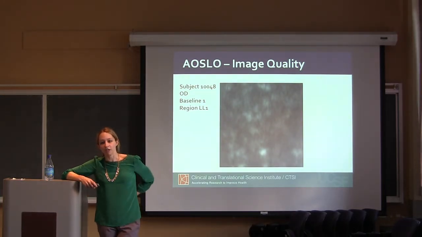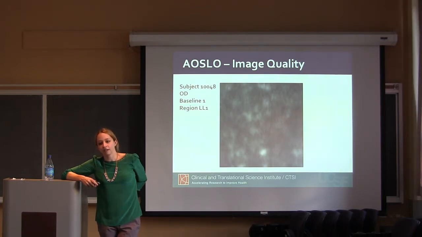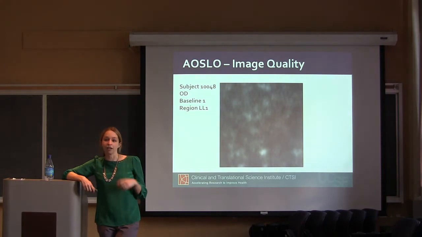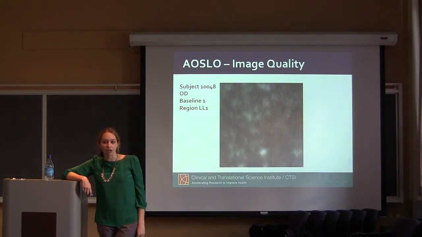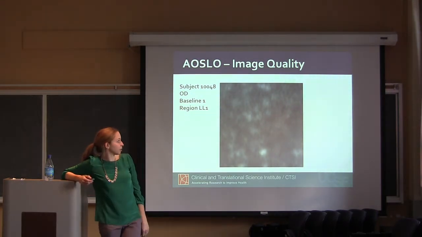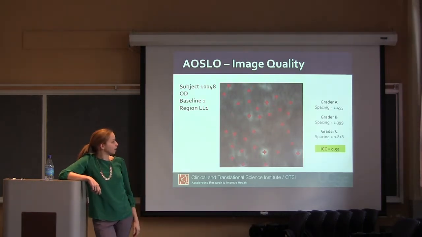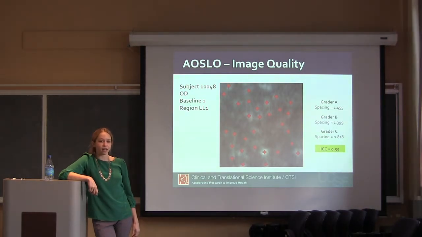What was the second part of your question? What proportion of the views have those low ICCs? It's only a handful that are really poor. We've gone back and graded the image quality for all of those, and we're finding those are often, like with this example, more of an image quality issue than someone really failing to identify the cones.